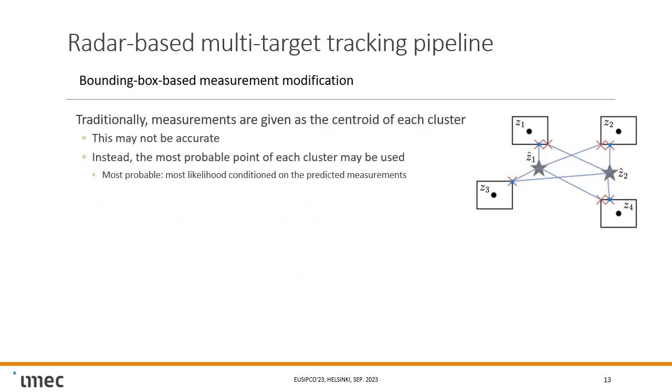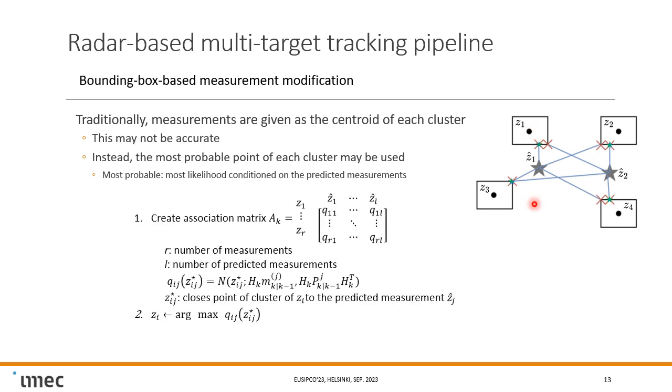We also apply another modification to the GMPHD measurements. Each observation data is conventionally considered as the centroid of each cluster, but this may be inaccurate. Instead, we suggest to go with a more appropriate cluster point instead of just the cluster centroid. To this end, we create an association matrix.